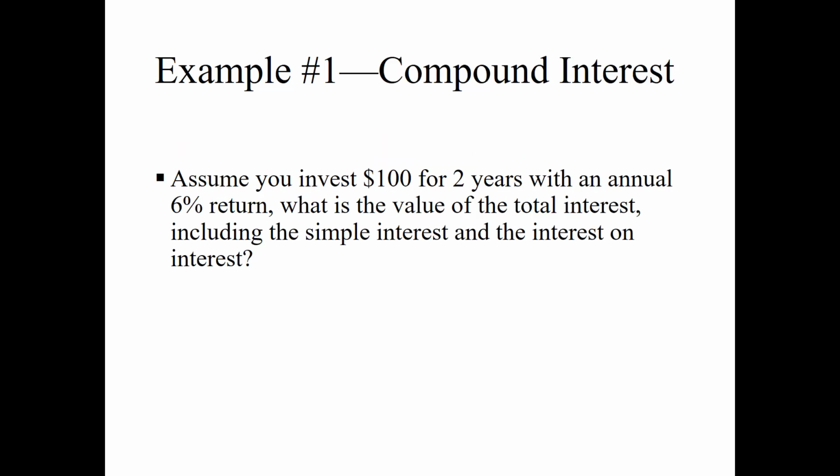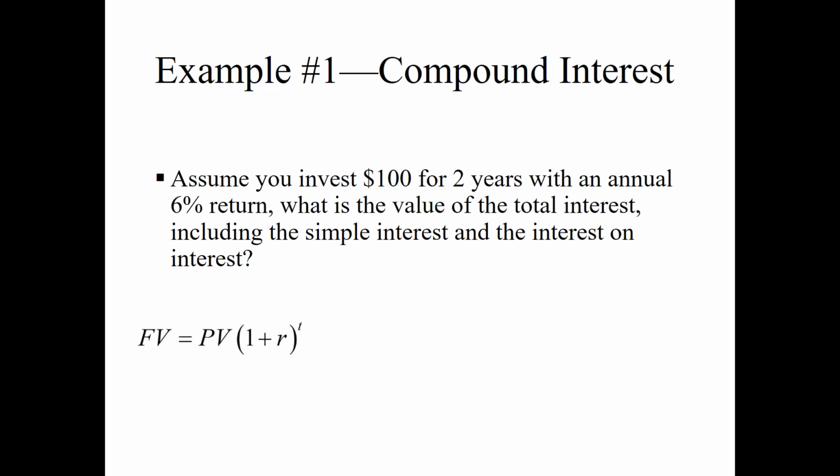If we want to look at compound interest, we're going to assume we invest $100 for 2 years with an annual 6% return. What is the value of the total interest, including the simple interest and the interest on the interest, right? So from before, we know that the simple interest is $12. And then we're going to earn some compound interest, or interest on our interest, from keeping the investment in the bank.